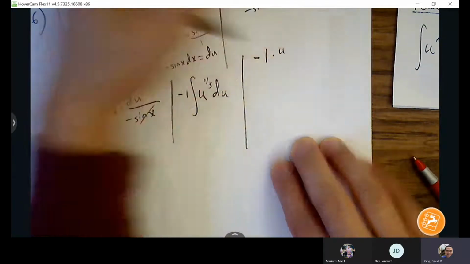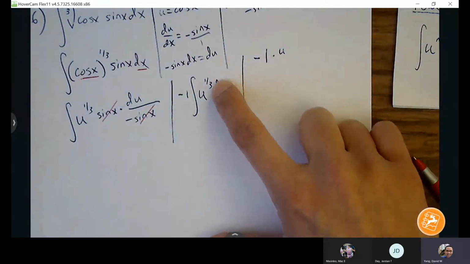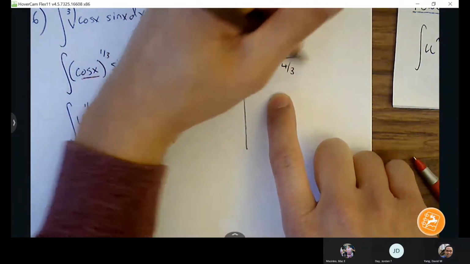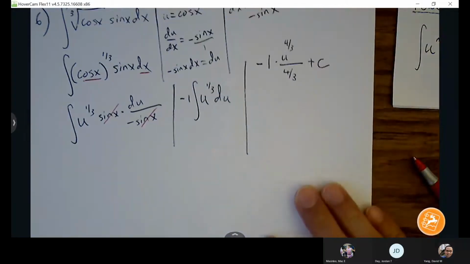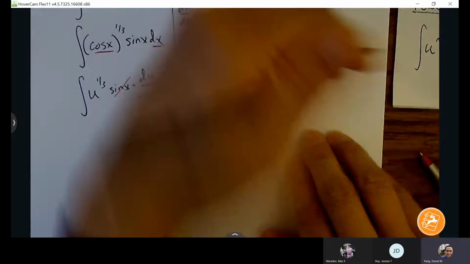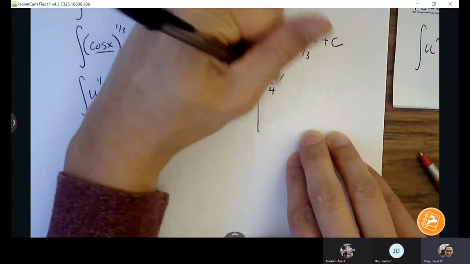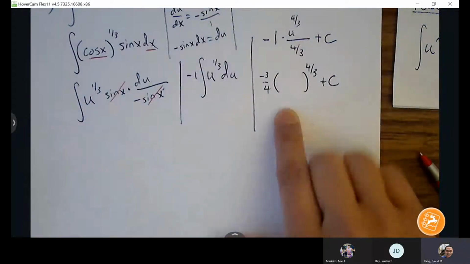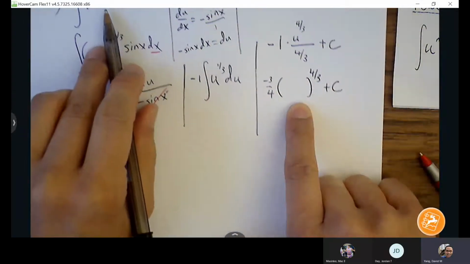Add 1 to the exponent. 1/3 plus 3/3 is 4/3. Divided by that fraction. Flip the fraction up to the top. And then bring your x back in.